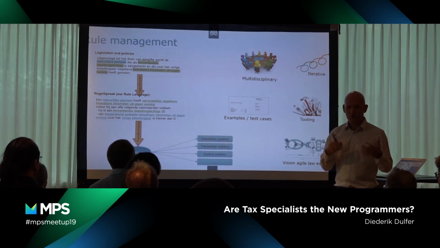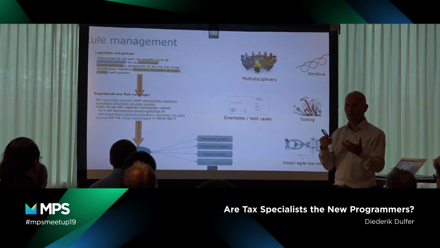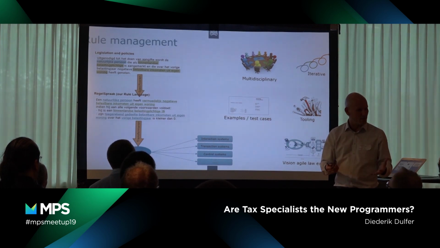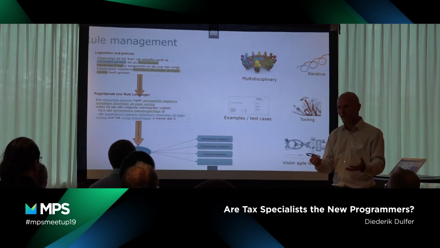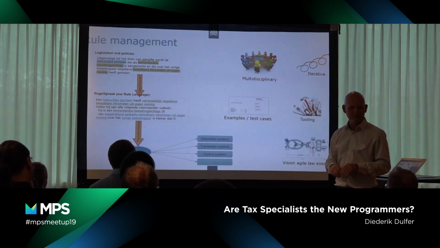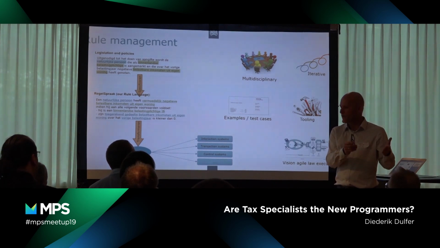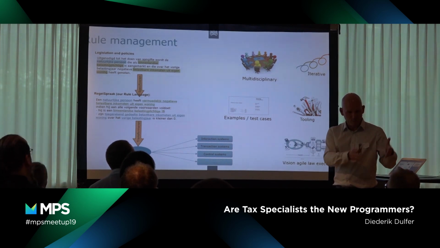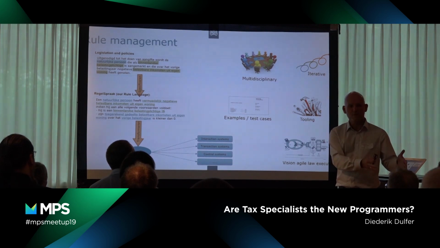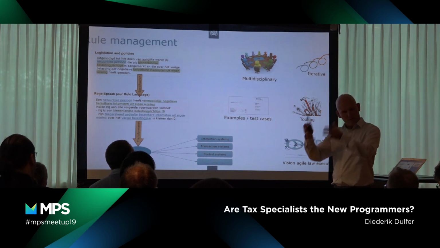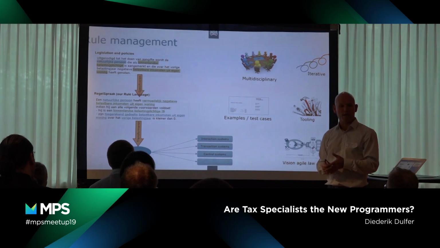And of course we had this vision at the moment we started with the income tax and we had some idea that this is true. But in the project of the income tax, we just took the current specifications and transformed it to RuleSpraak.